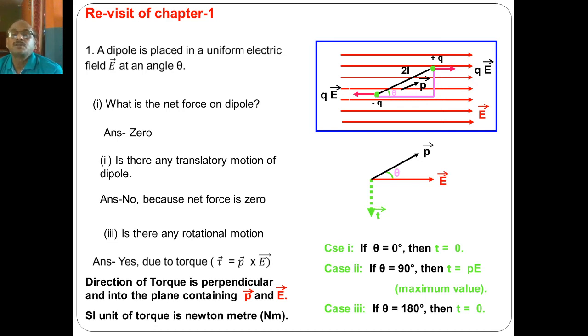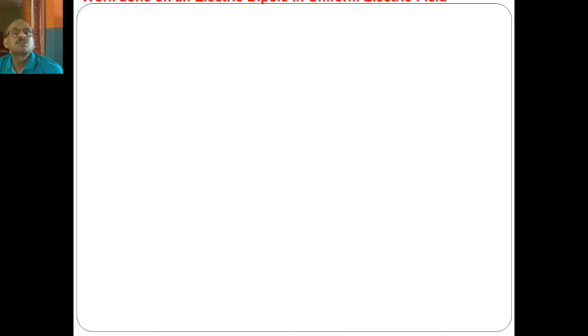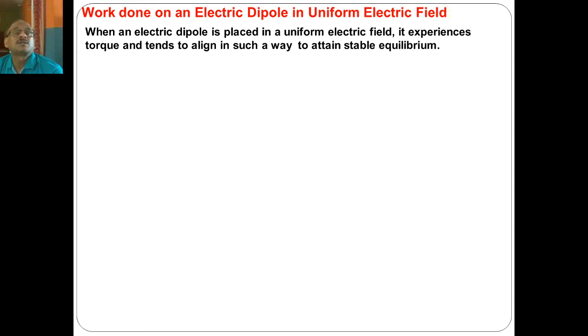Then what happens? Some work has to be done against the electric field and that work will be stored as potential energy. So start today's discussion, that is work done on an electric dipole in a uniform electric field.